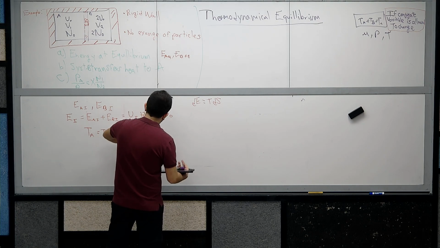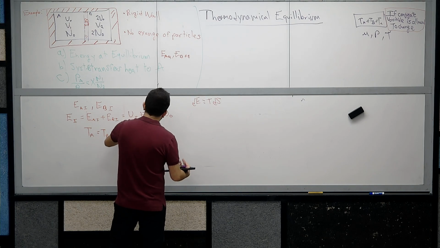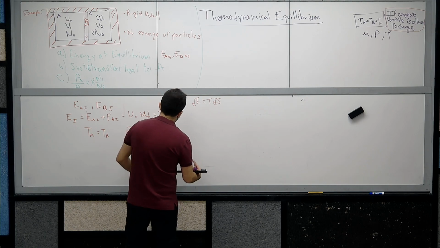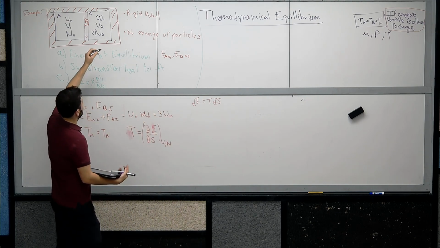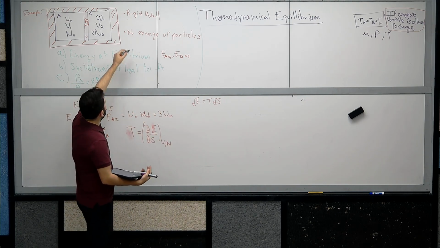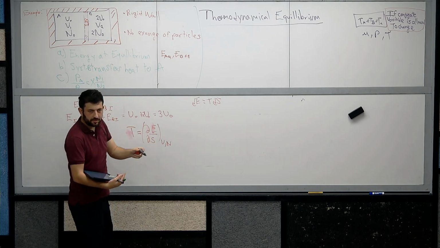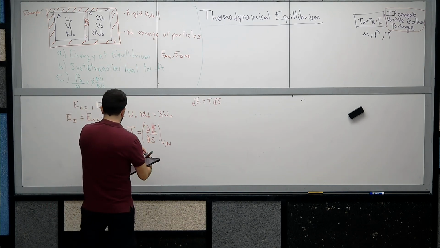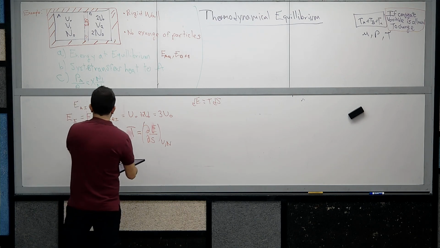Sorry, these are partial derivatives, at constant volume and number of particles, which we know is true because we have these two conditions, so they are not allowed to change. Okay?